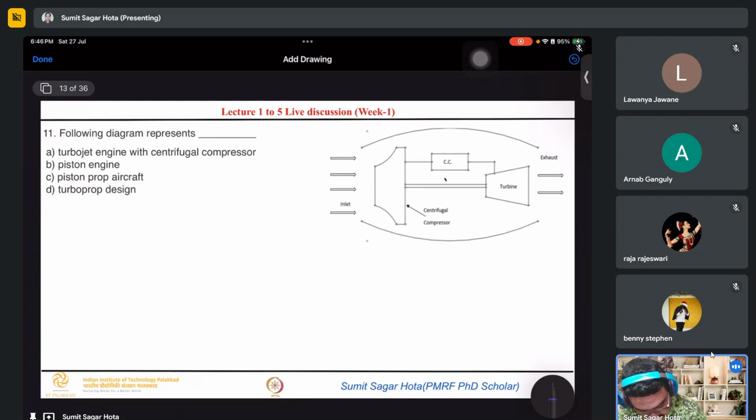Okay, so in this design, if you look carefully, one combustion chamber is here, one turbine is there, and one exhaust, and one centrifugal compressor is there.